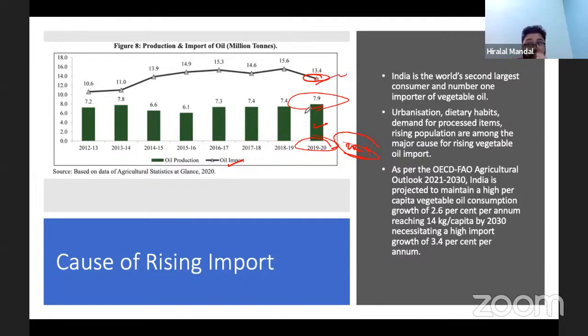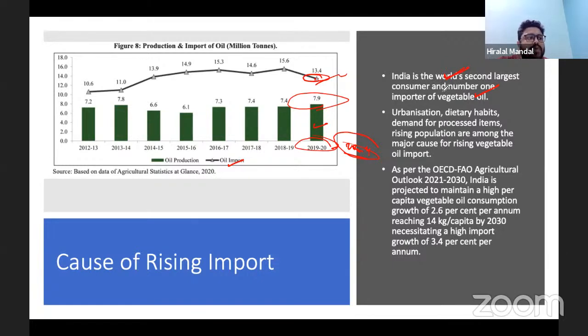All right. So India is, in fact, the second largest oil consumer and number one importer of vegetable oil. Despite doing a huge production, and being among the big producers, India's import of edible oil has gone up because it is the second largest consumer.